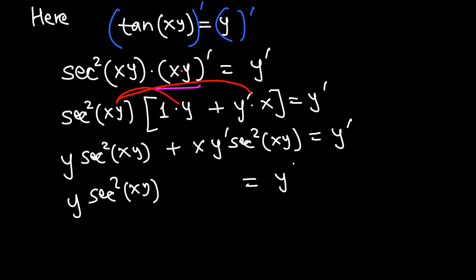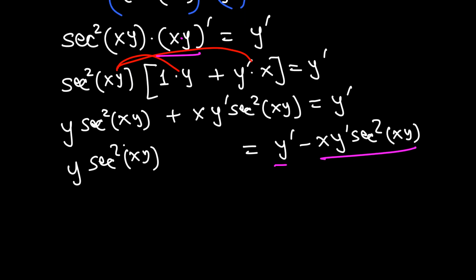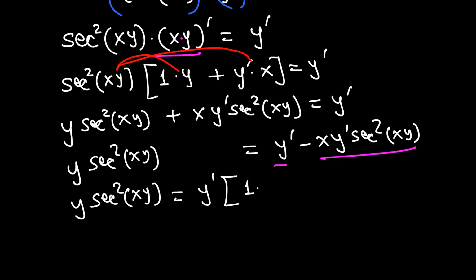So y prime, subtract means minus xy prime secant square xy. Now from these two terms we can factor y prime out. So y secant square xy equals y prime out, 1 minus x secant square xy.